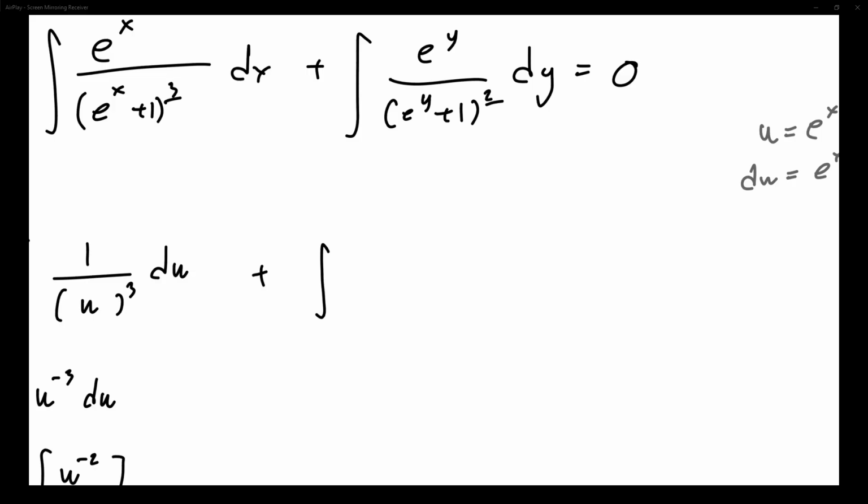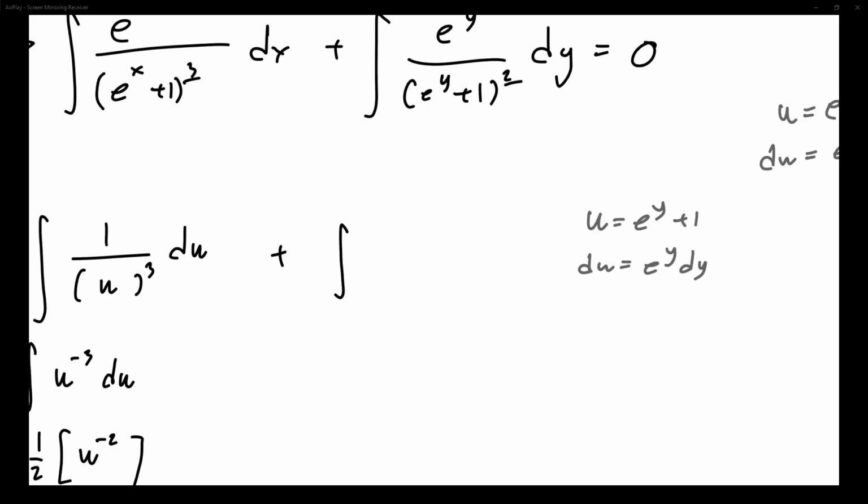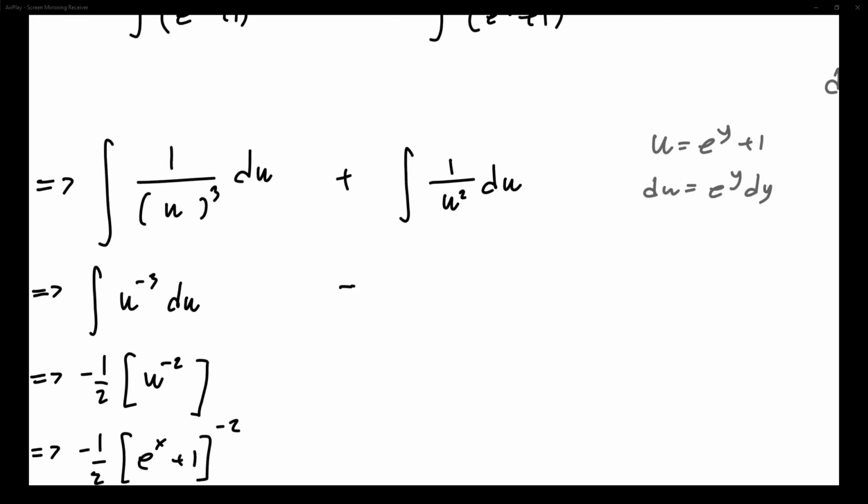Let's just do the integral. u is equal to e to the y plus 1. du is equal to e to the y dy. And when we put it all in, we're gonna get the integral of 1 over u squared du.